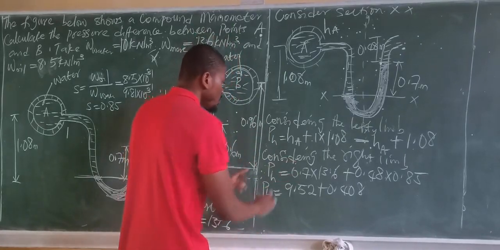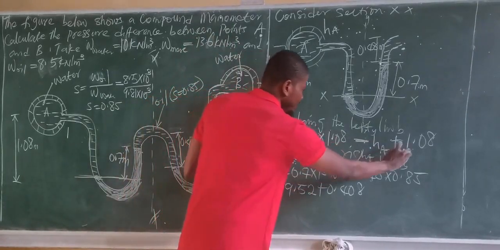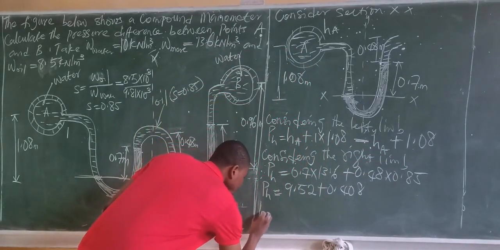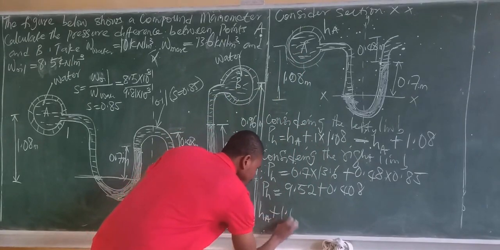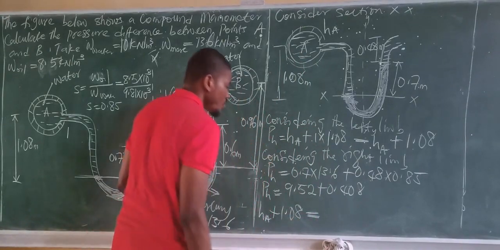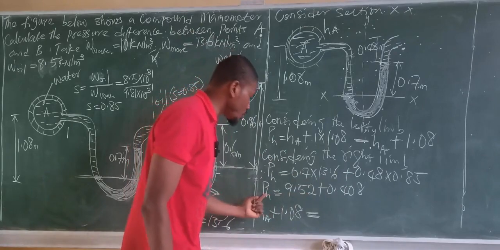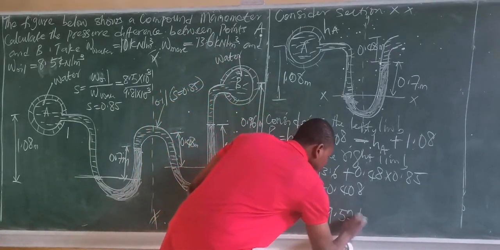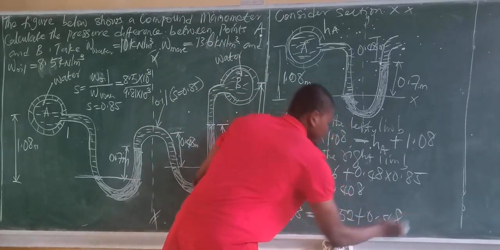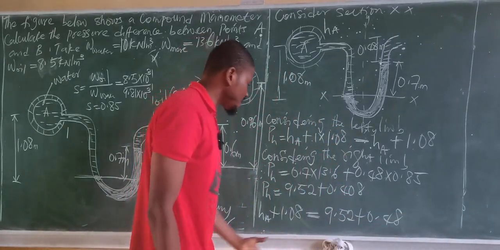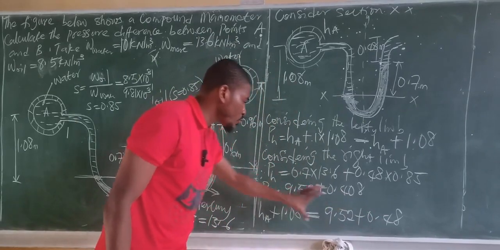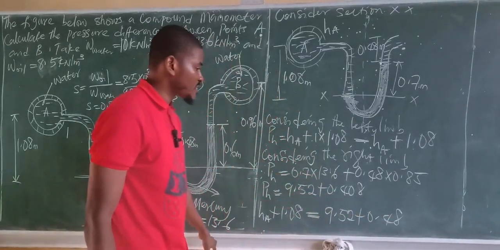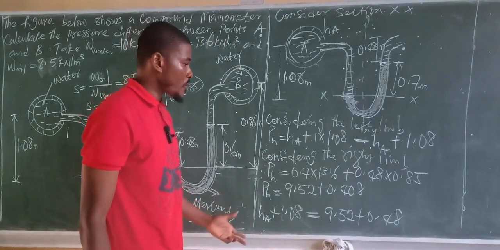So this is the pressure head at the left limb, HA plus 1.08, and this is equal to the total pressure head at the right limb, which is 9.52 plus 0.408. I can simply transfer everything here down to this side of the equation, and let's see what we're going to have.